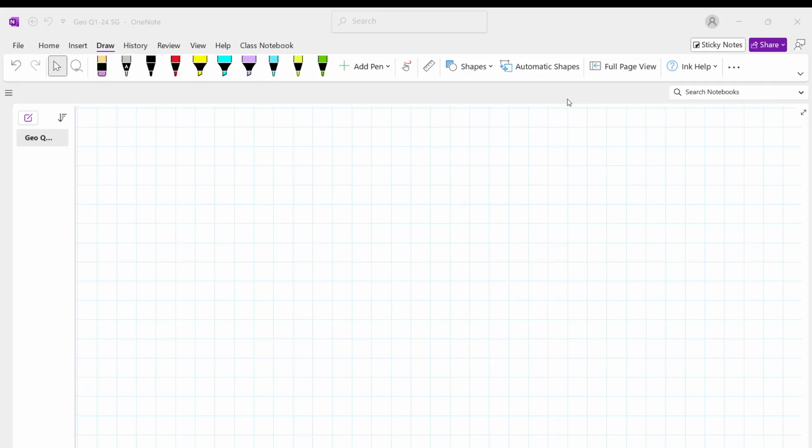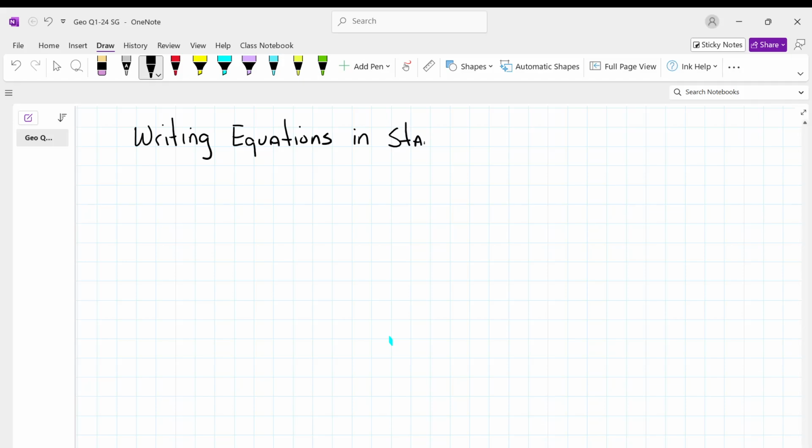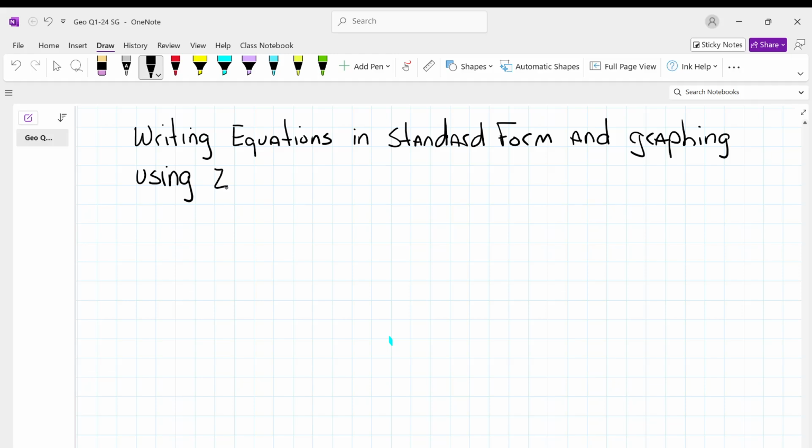All right, so again, today we're going to be writing equations in what's called standard form and graphing using zeros.